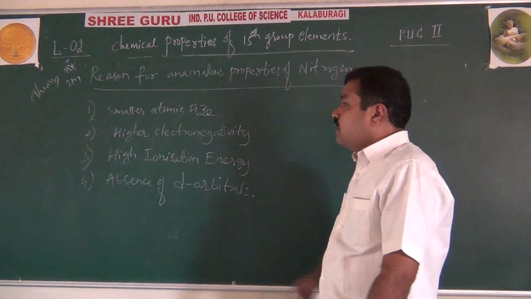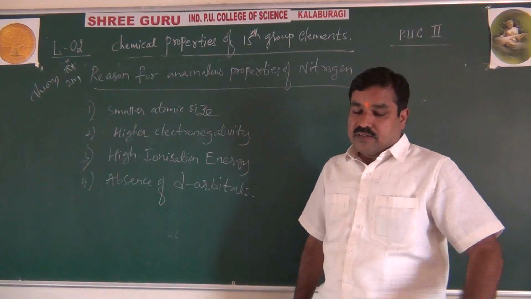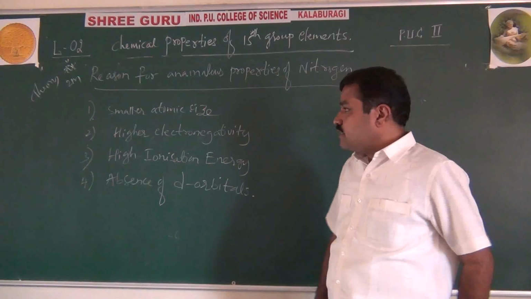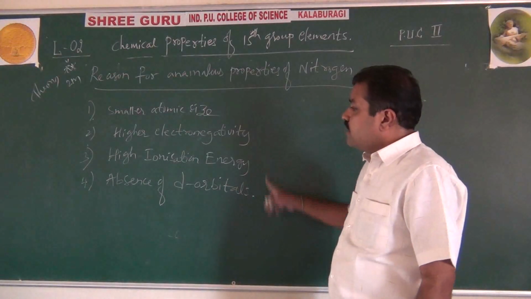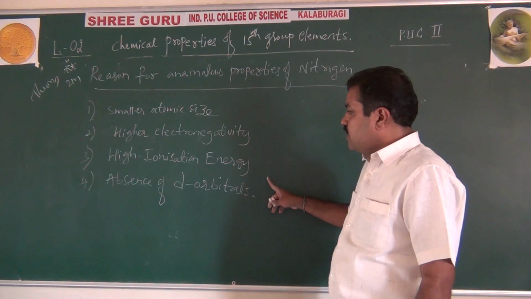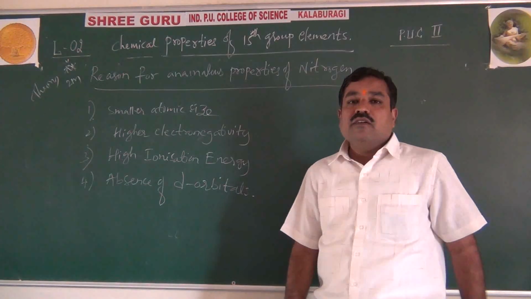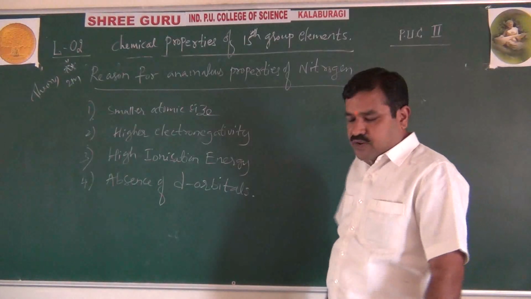And lastly, anomalous properties of nitrogen: how it differs from other elements in some properties and characteristics, and what the reason is for the anomalous property. Due to these 4 properties: smaller atomic size, higher electronegativity, high ionization energy, and absence of d orbitals. Right, students? So we'll stop today here.